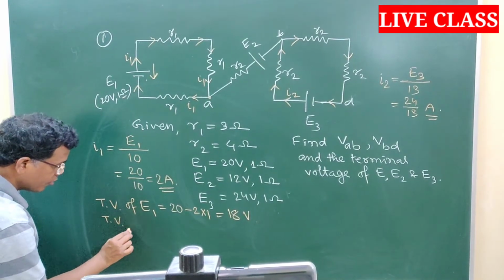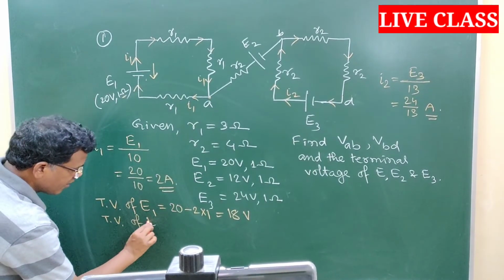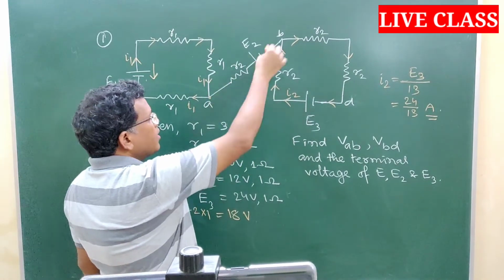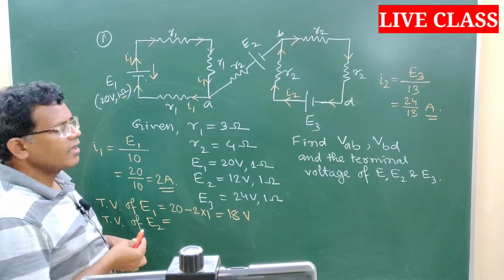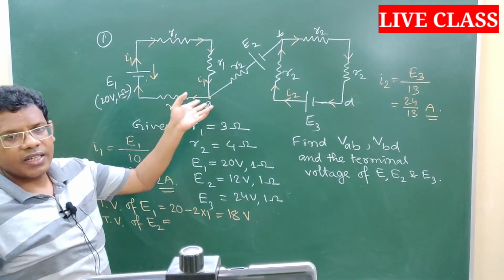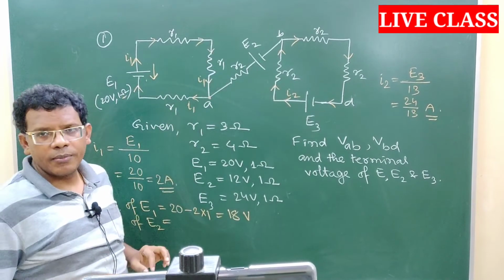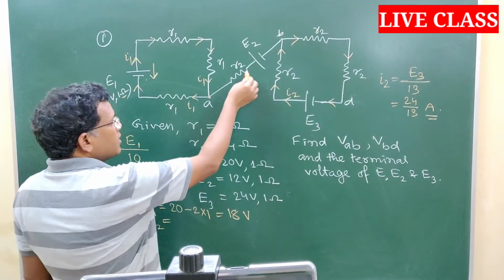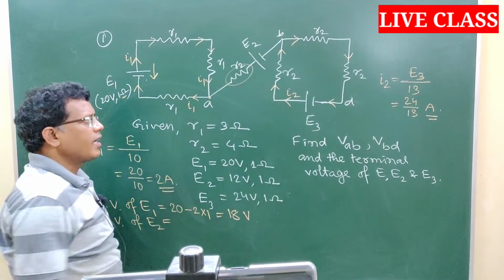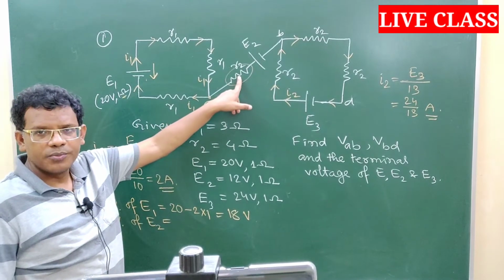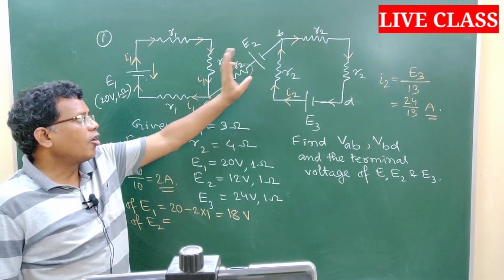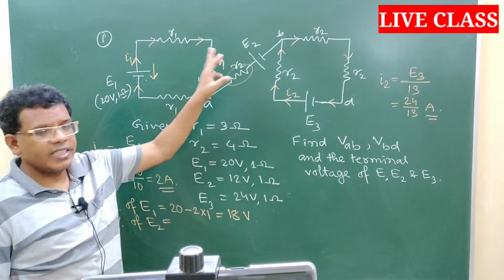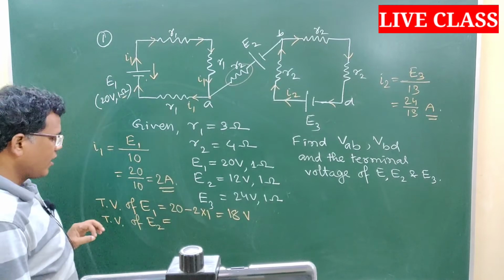Now coming to the terminal voltage across E2. Since in the branch of E2 there is no current, current is not flowing from A to B nor from B to A. So no potential difference will be recorded either across the external resistance R2 given in this branch, nor across the internal resistance of 1 ohm in battery E2.